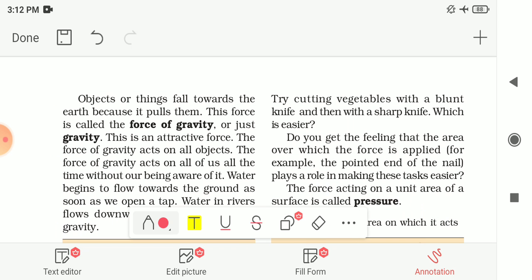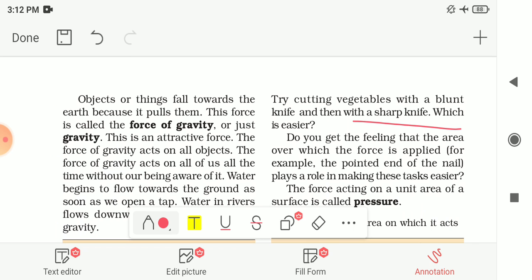Another similar example is to try cutting vegetables with a blunt knife. A blunt knife means a knife which does not have any sharp edge. Try to cut the vegetables with such a knife, and then try to cut the vegetables with a sharp knife. Which one is easier?